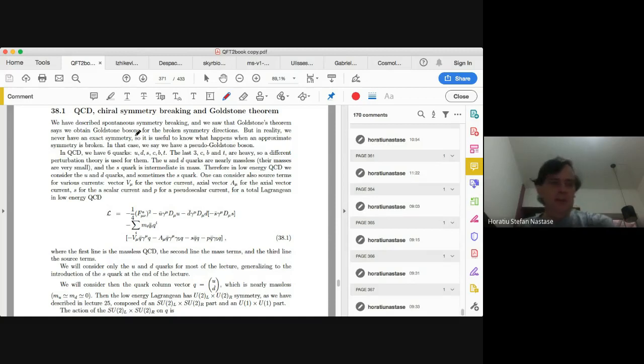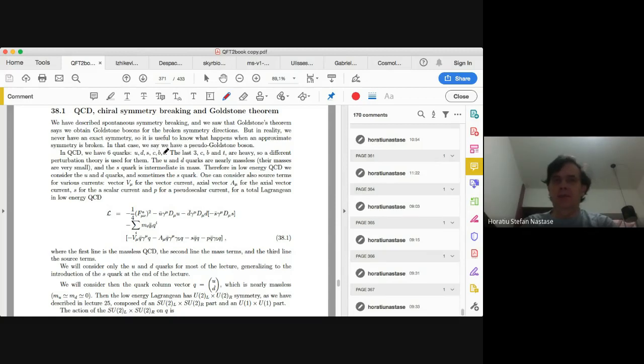All right, so let's see what the symmetry is. Remember that the symmetry need not be a local one. So in QCD, we had 6 quarks: U, D, S, C, B, and T, up, down, strange, charm, bottom, and top.